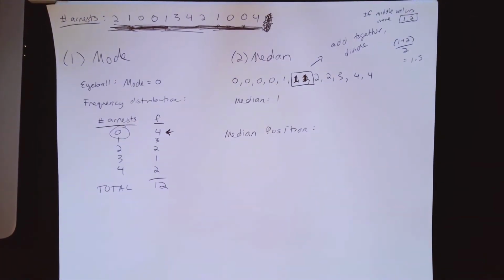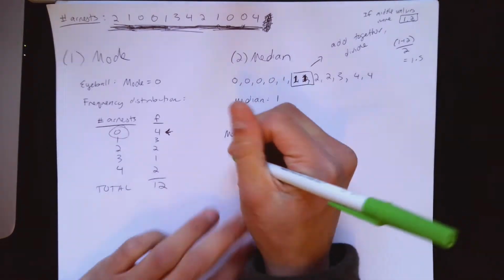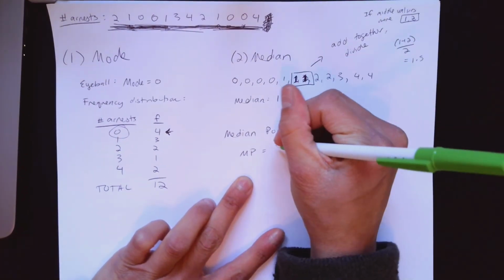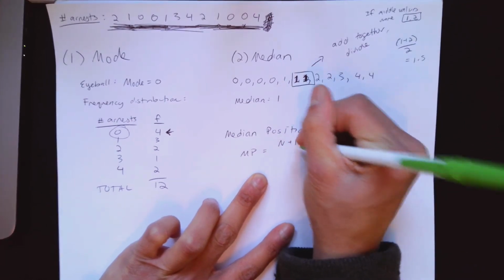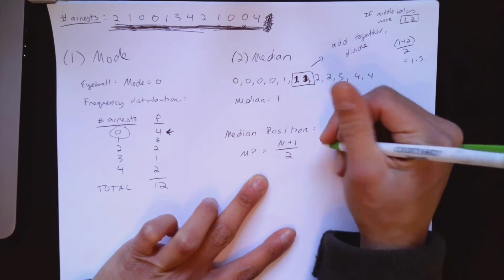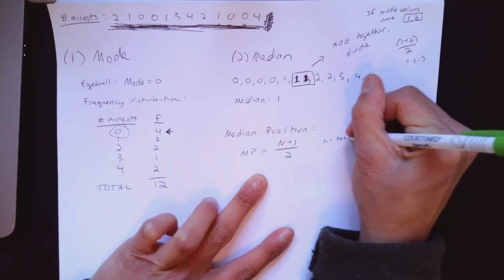So I'm going to write out the formula for the median position. The median position tells you where to find the middle value. I'm going to call it MP. We find the median position using the formula n plus 1 over 2, where n is your total number of observations.